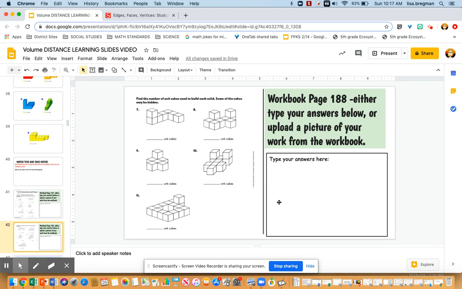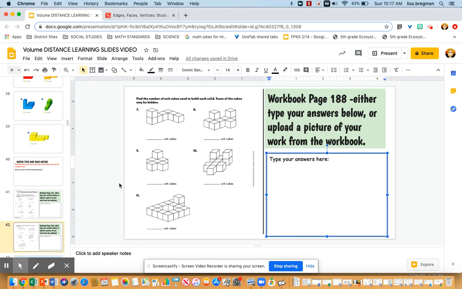And then this page, also page 188, 7 through 11 as well. Again, you can write your answers right in this text box here, or you can upload a picture of your work from the workbook.